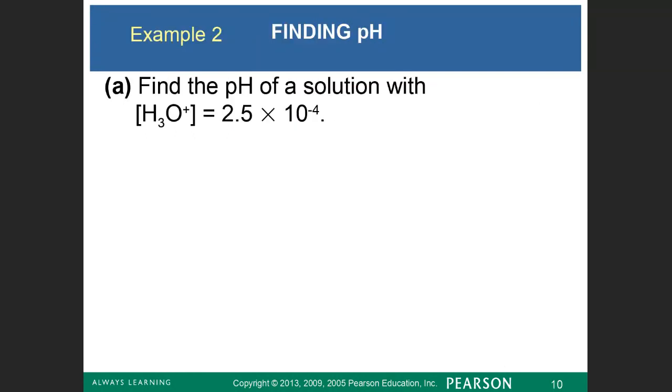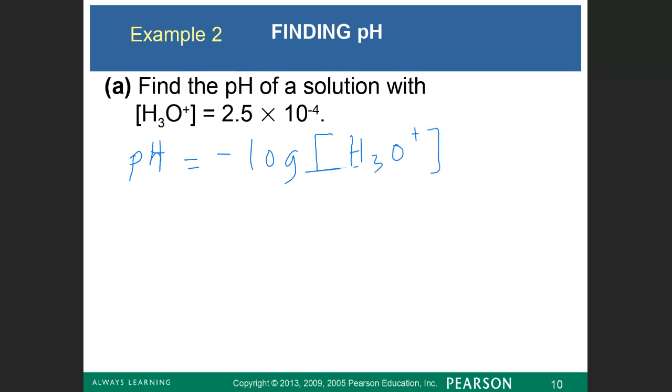So here's the first example. Find the pH of a solution with hydronium ion concentration equal to 2.5 times 10 raised to the power of negative 4. The formula here is pH equal to negative log of the hydronium ion concentration, that is the H3O plus.